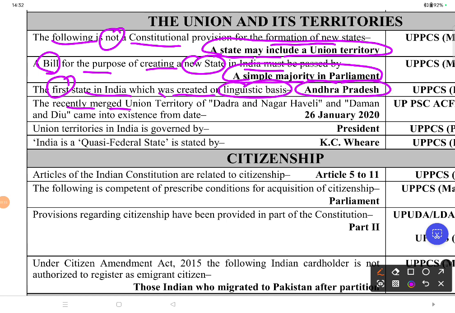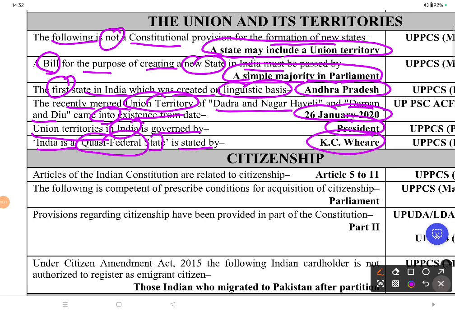The recently merged Union Territory of Dadra and Nagar Haveli, and Daman and Diu came into existence from 26 January 2020. Union territories in India are governed by the President. India is a quasi-federal state, as stated by K.C. Wheare.